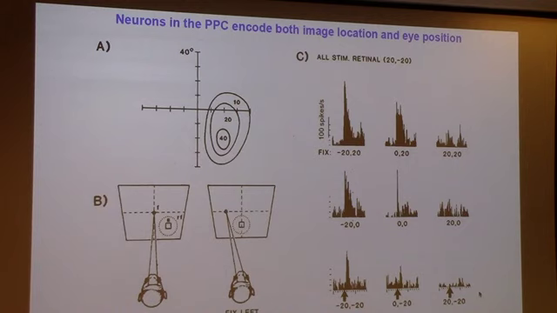So this just tells you that the neurons in PPC can encode a lot of information, not only the target in fixation-centered coordinates, but also where your head and eye are in the spatial coordinates.